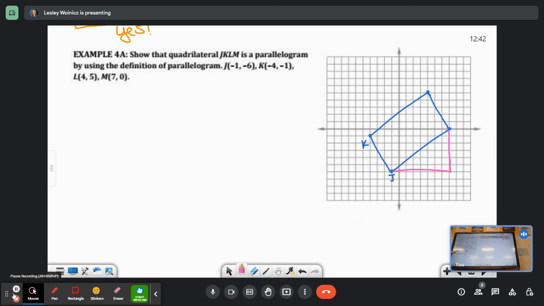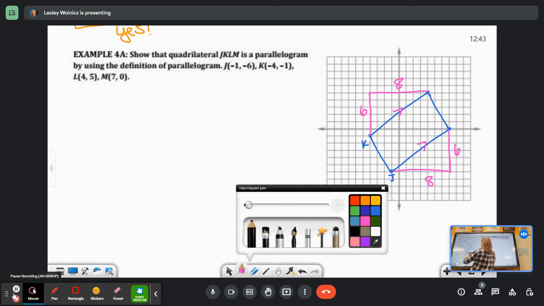So what is my change in my y's? That looks like up 6 and right 1, 2, 3, 4, 5, 6, 7, 8. Okay, that's 8. So we got one pair of parallel sides. Cha-ching, cha-ching. Now we got to do the other side.